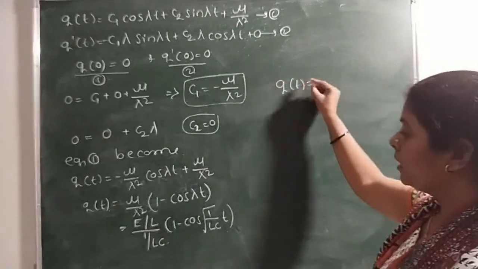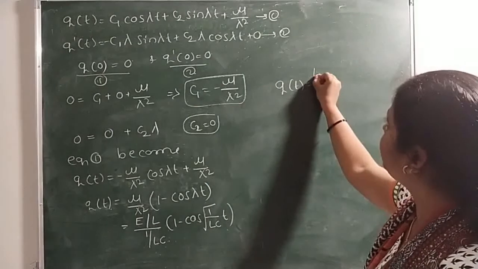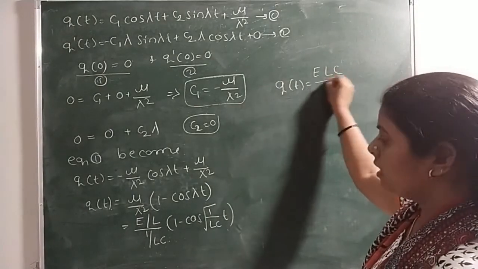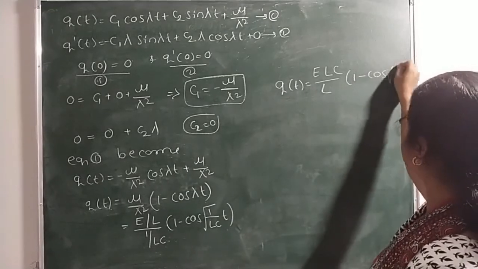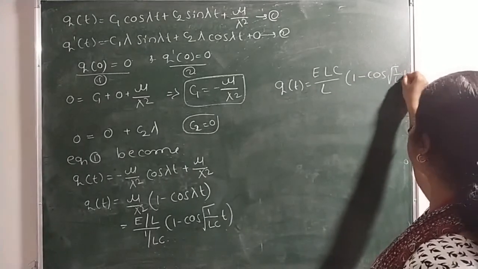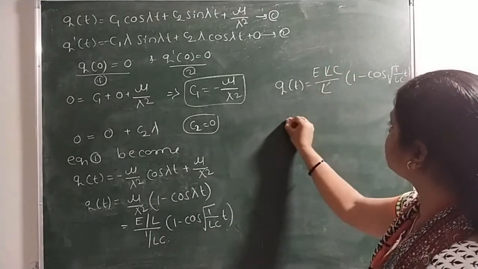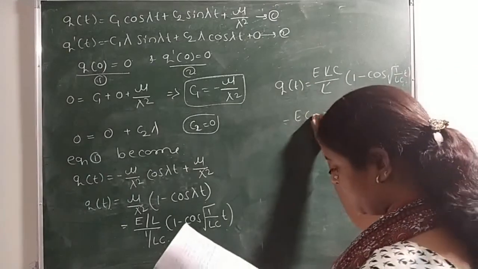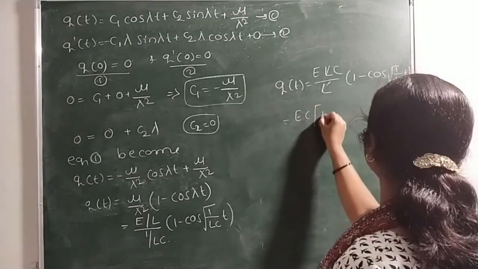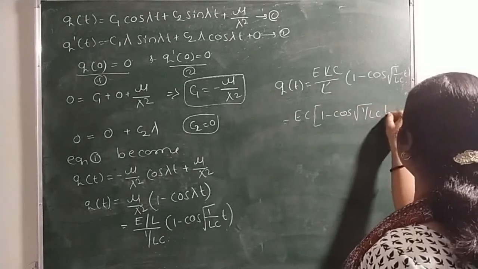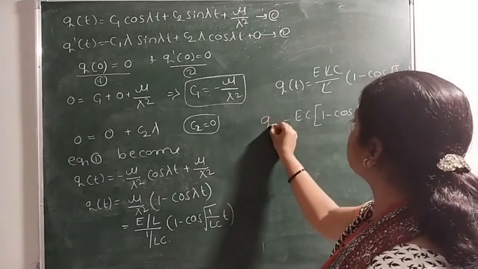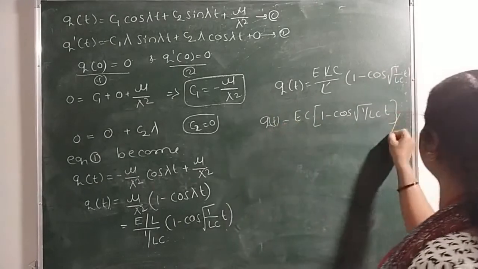This becomes, on dividing, LC/L, and 1 − cos of (1/√(LC)) t. L gets cancelled, and this becomes EC times (1 − cos((1/√(LC)) t)). This is the required term.